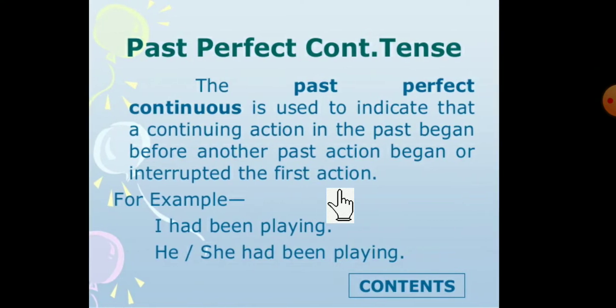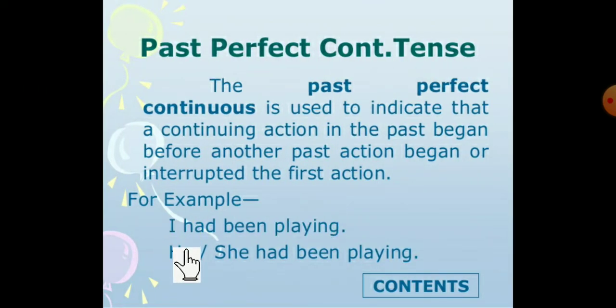Let's see the formula of past perfect continuous tense: subject plus had plus been plus verb ing form plus object. For example: I had been playing. Second example: he or she had been playing. So had been is important for the past perfect continuous tense.